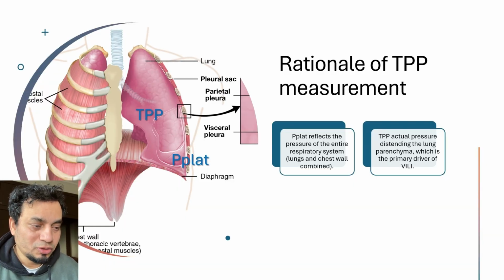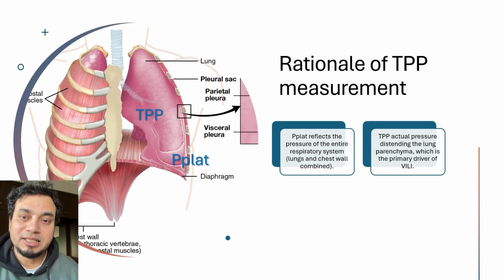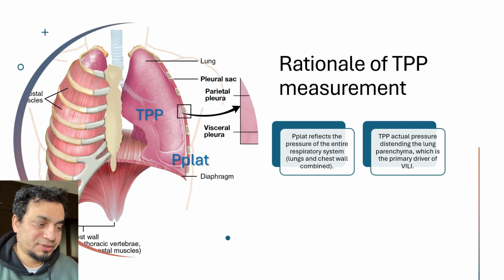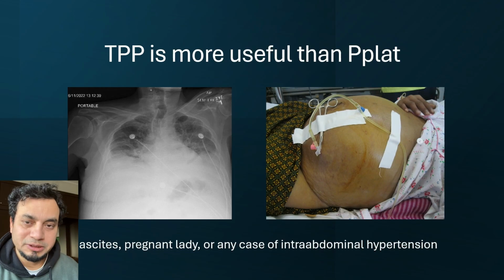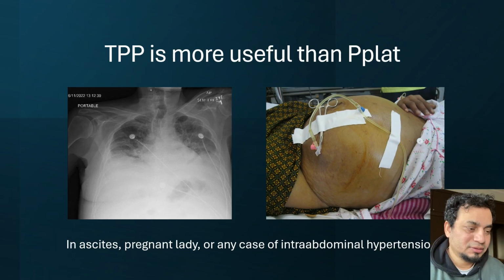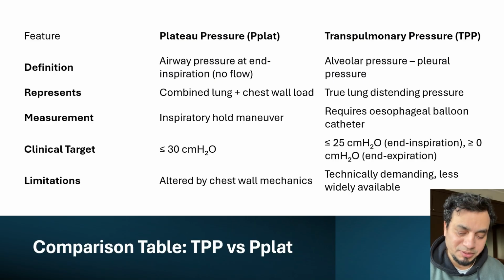So relying solely on plateau pressure can be misleading, and it can cause over distension, increasing the risk of ventilator-induced lung injury. As you can see here in this picture, TPP is inside the lung, across the lung basically, and P-plat is both lungs as well as chest wall. So TPP is more useful than P-plat in certain conditions like ascites, where TPP guided ventilation allows safe titration of PEEP and respiratory pressure both.